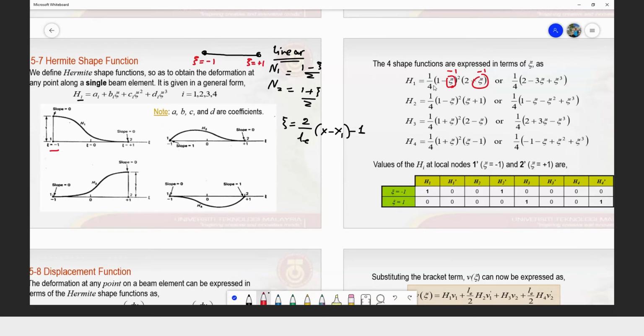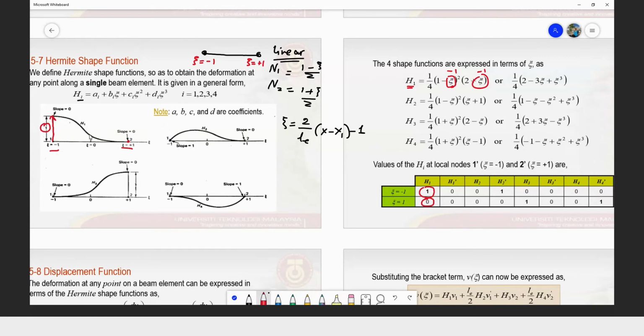Then 4 times 1, 1. Divided by 4, we get 1. So 1, which is on the right hand side. So on the right hand side, if we look here, our Hermite-shaped function H1 at position Z equals -1 is displaced by 1 here. So this is what we got earlier. At position Z equals 1, H1 is zero, so it sits down here. And then from the top, we combine them based on the Hermite-shaped functions.